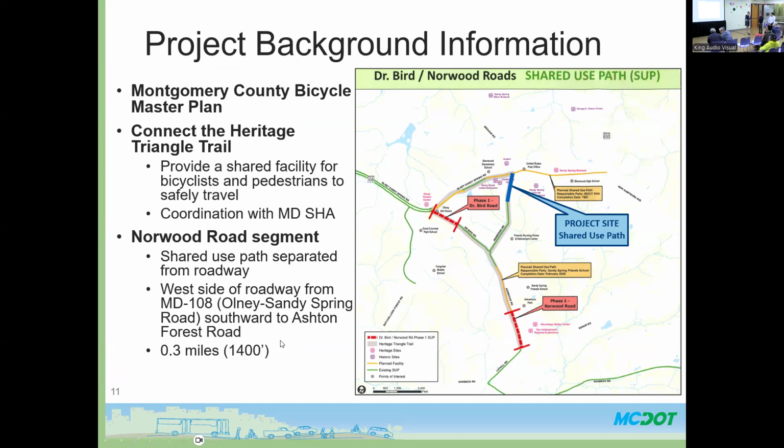So I think you're asking about the segment along MD 108, shared use paths from Dr. Bird Road to Norwood Road. So the yellow line along MD 108 represents the portion that SHA, State Highway Administration, is currently designing right now.